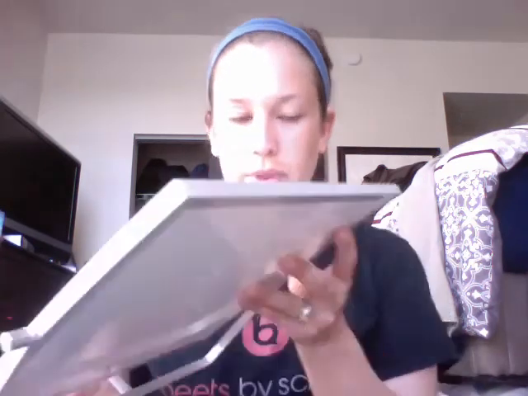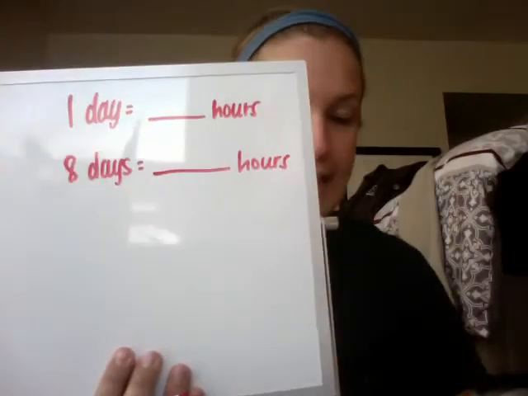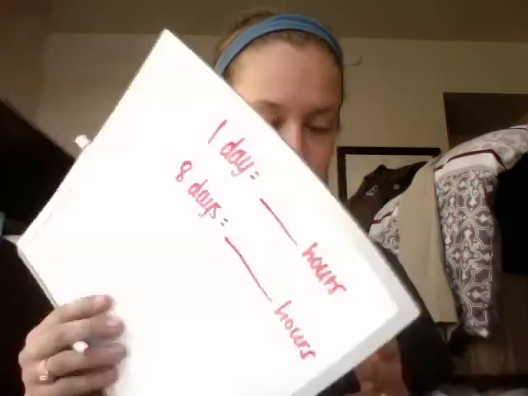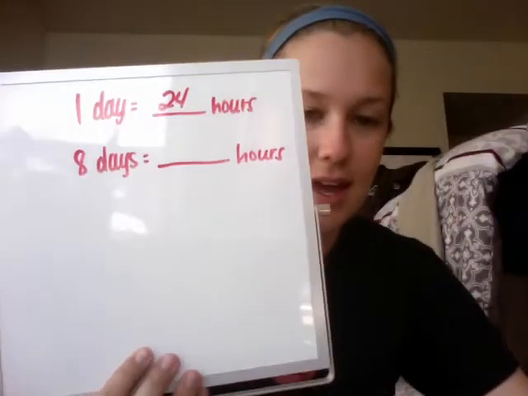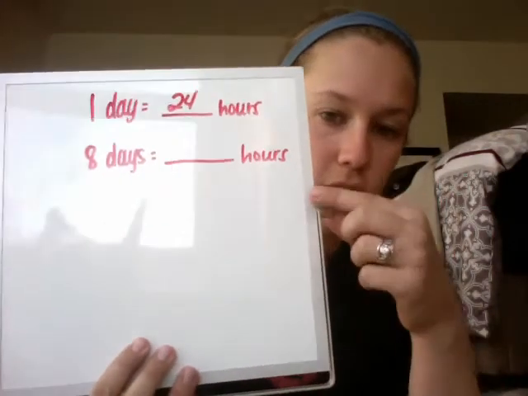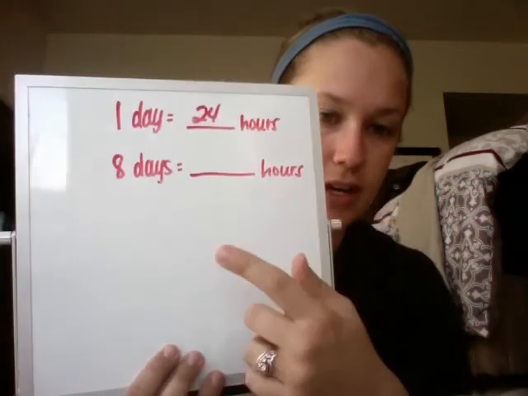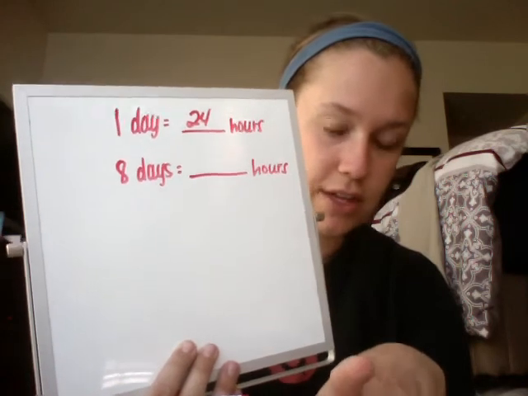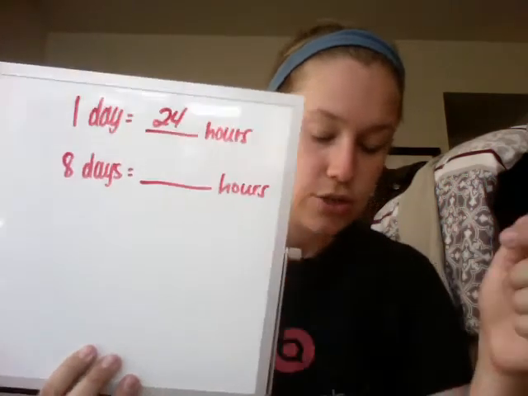Then we want to know how many hours are in 8 days. Okay? I'll just go ahead and tell you, even though I'm sure you know, there are 24 hours in 1 day. Now I want you to solve how many hours are in 8 days. I'll solve it over here, you solve it over there, and then we'll compare our answers. You can pause me if you need more time.